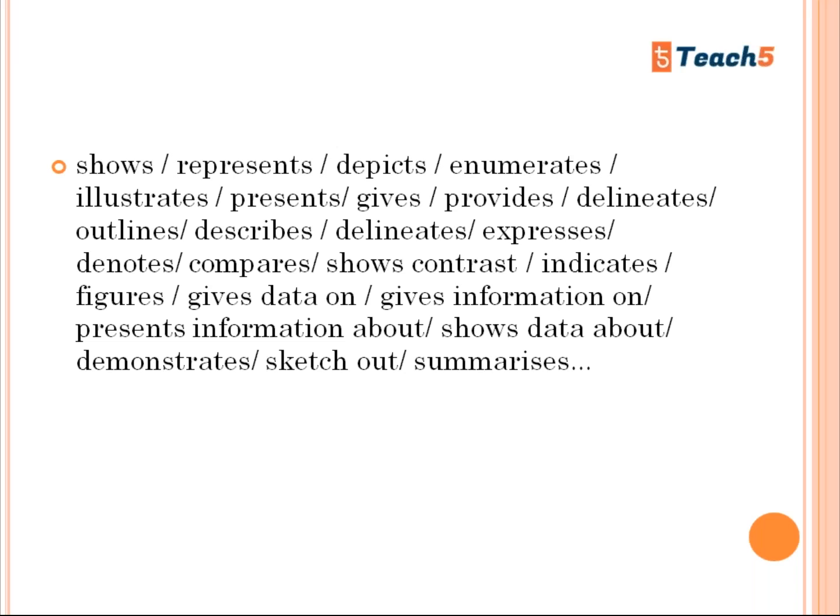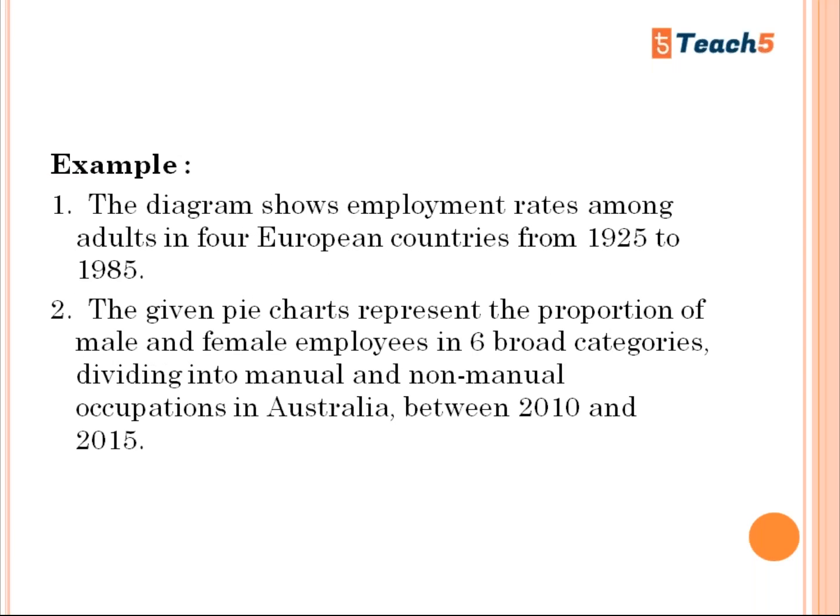So the diagram represents, the pie chart represents, the table diagram represents. Using this sort of sentence in the starting line will really give us a good score for our task 1 academic writing.